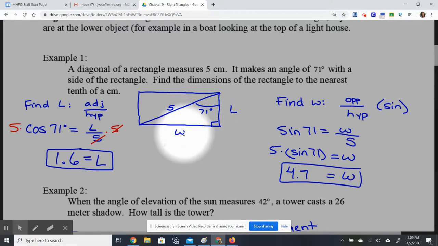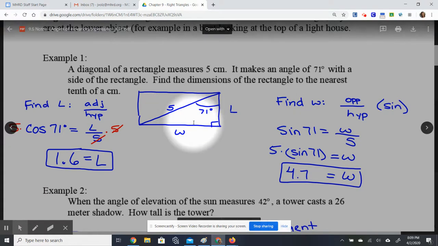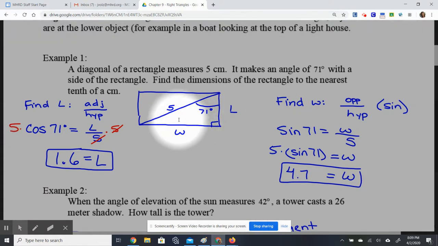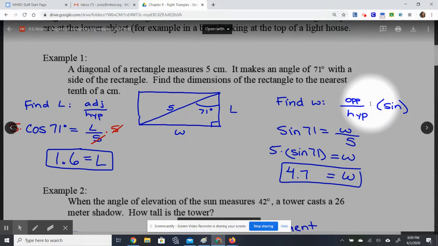So this is now the opposite, and that's still the hypotenuse. What trigonometry function can help me if I'm talking about the opposite and the hypotenuse together? That would be sine. Sine equals opposite over hypotenuse. That's the trig ratio, the SOH part of SOHCAHTOA.